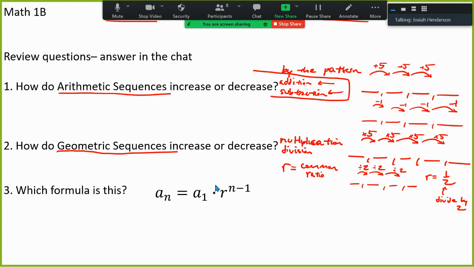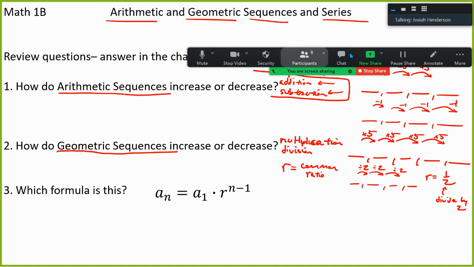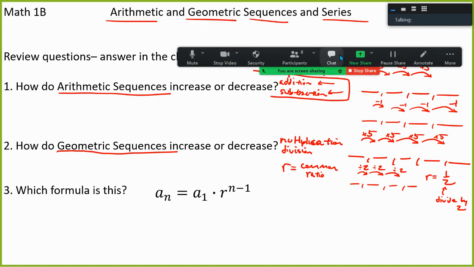Look at your notes, or if you already know it, type your answer in the chat for me, please. It's either going to be arithmetic sequence or arithmetic series, or it's the geometric sequence, geometric series. Just to be clear. Sorry about that. Hope that made sense.